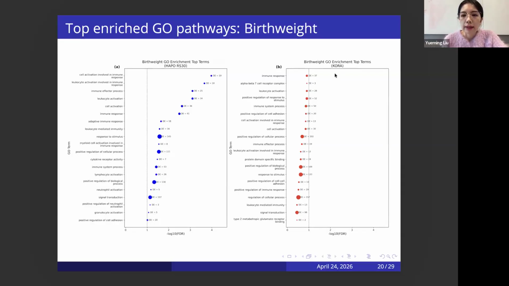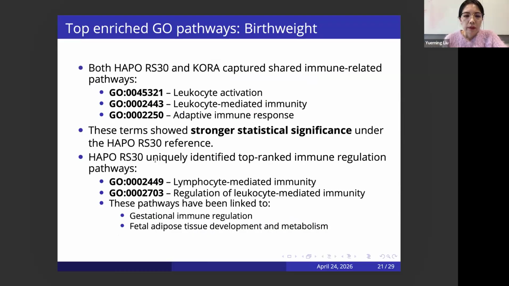The CORA is not able to identify any significant pathways here. The HAPO captures something here. So these terms show stronger statistical significance under the HAPO R30 reference.